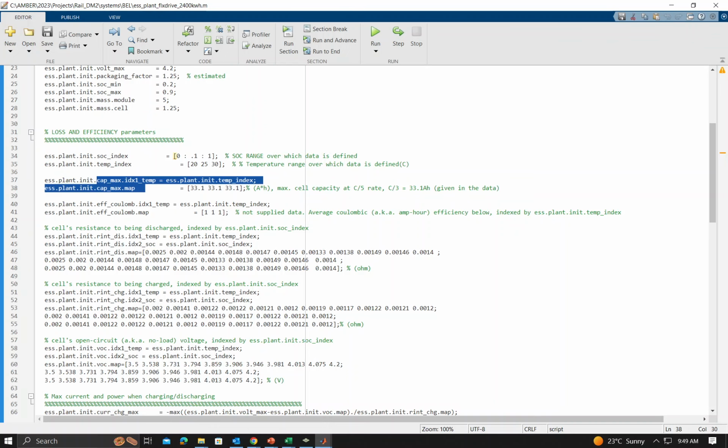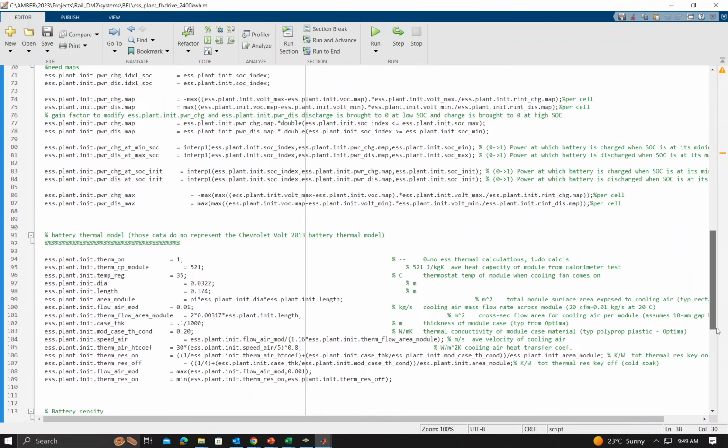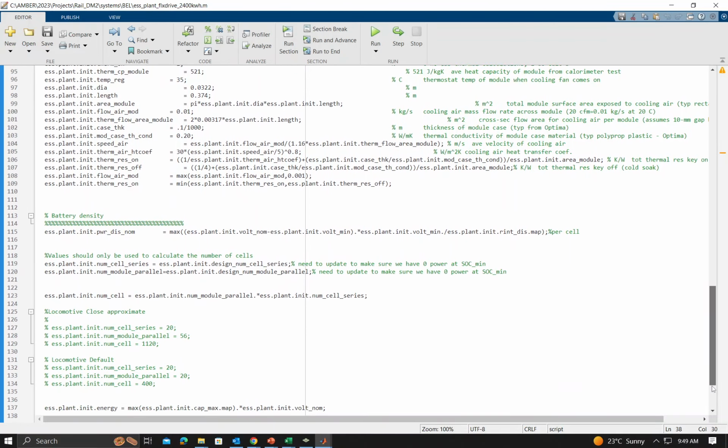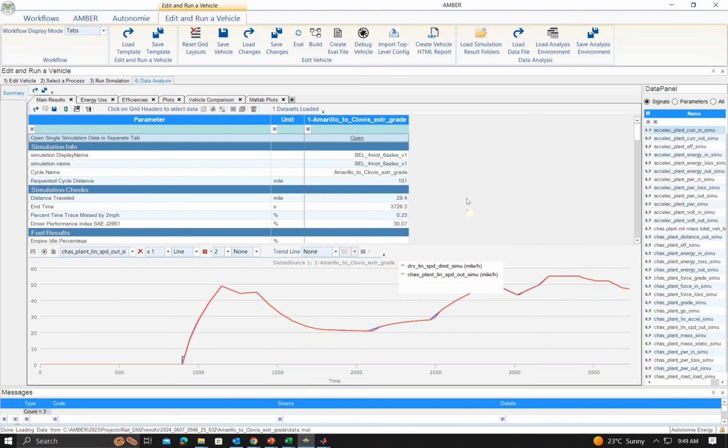Most of the things are considered and entered. There are other input data as well which I'm not touching upon, but the cell can be modeled in great detail using the initialization file. And I think the simulation is done now.